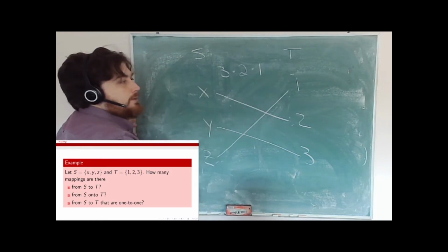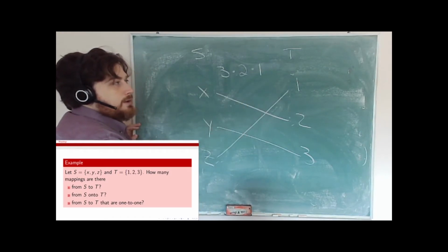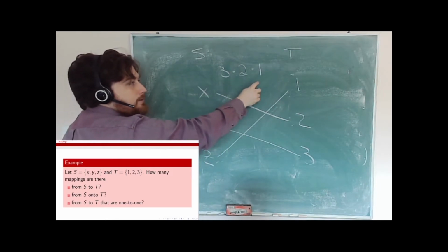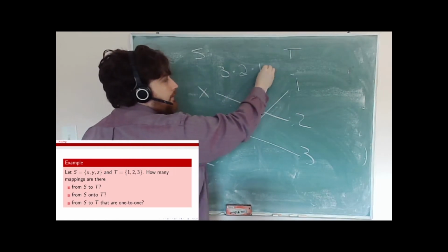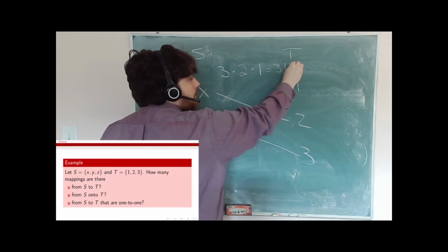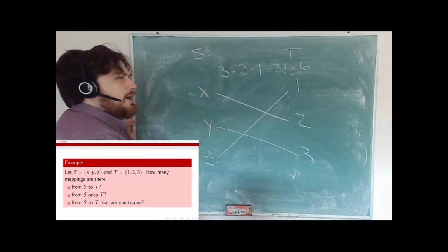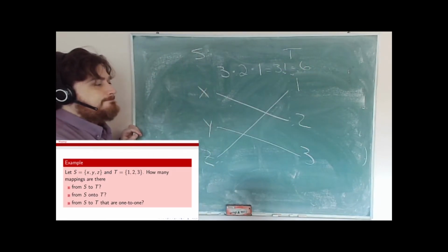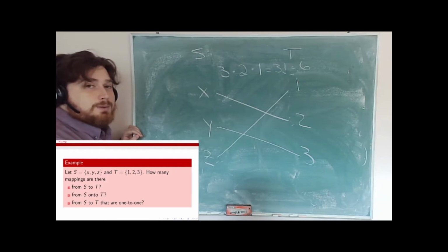So if I want to find the total number of onto mappings, I would get 3 times 2 times 1, which is also 3 factorial, or 6 onto mappings. Notice there is a big difference here between the 81 total mappings and the 6 onto mappings. So being onto is a much more restrictive thing than just being a mapping.